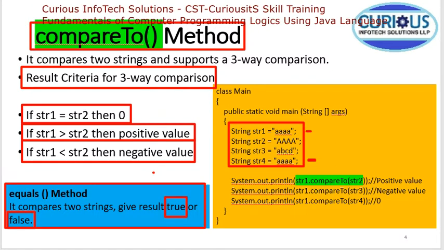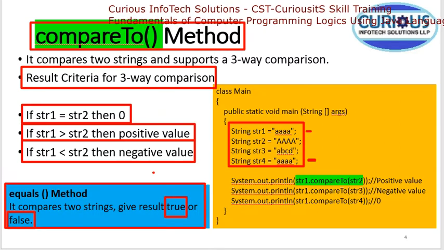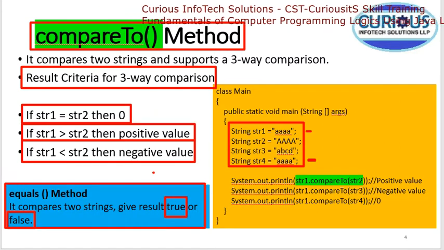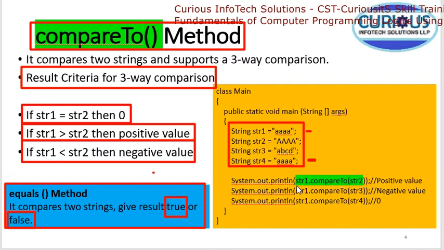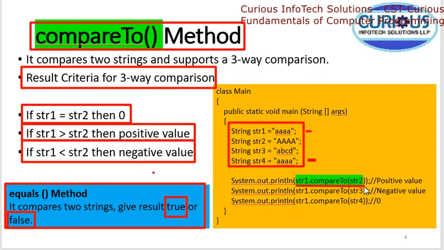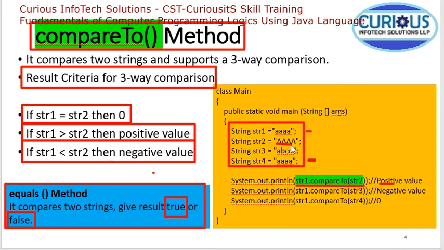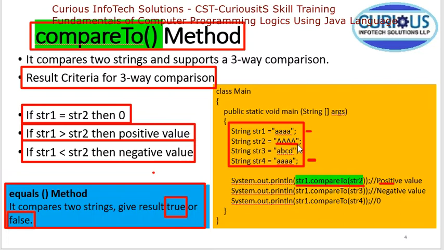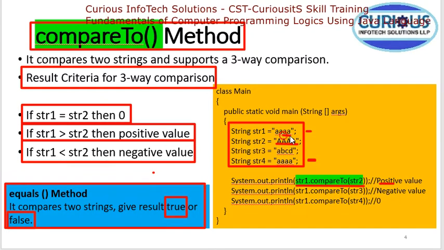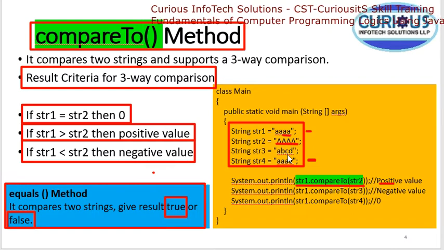Now we will run one by one and check what we get. First, string 1 compared to string 2: we will get a positive result. Why? Because string 2 has a capital A and here we have a small a. So this will be positive.